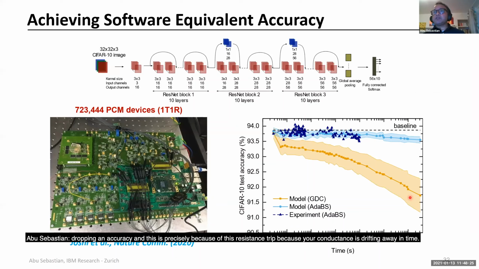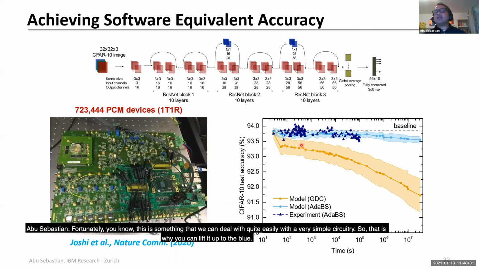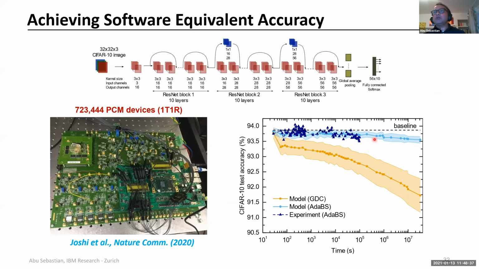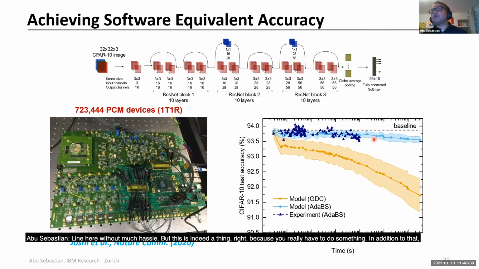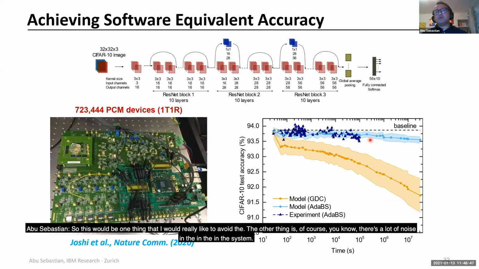This is precisely because of this resistance drift, because your conductance is drifting away in time. Fortunately, this is something that we can deal with quite easily with a very simple circuitry. So you can lift it up to the blue line here without much hassle. But this is indeed a pain, right? Because you really have to do something in addition to that. So this would be one thing that I would really like to avoid.